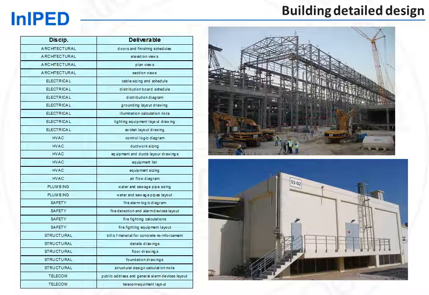These drawings will be reviewed by the civil engineer of the EPC contractor, who will mark up his comments. Typically, these comments will include the provision of openings in the floor and the walls for cable entries into buildings.